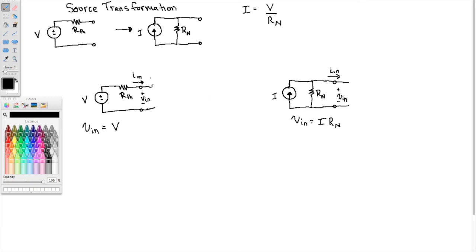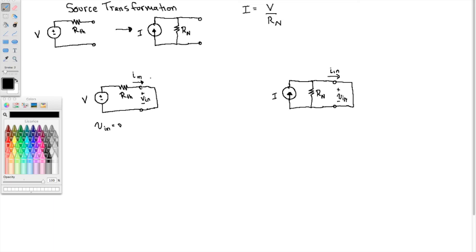Alright, now let's consider not connecting an open circuit, but a short circuit. We can connect anything, right? Because if it's an equivalent transformation, it does not depend on what we connect, the voltages and the currents must be the same. Now here, Vin is equal to 0, and Vn is equal to 0 here.